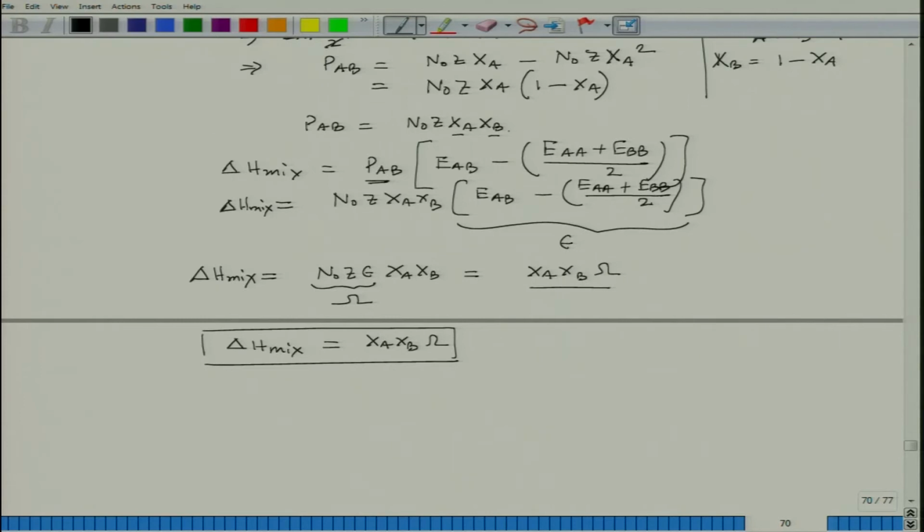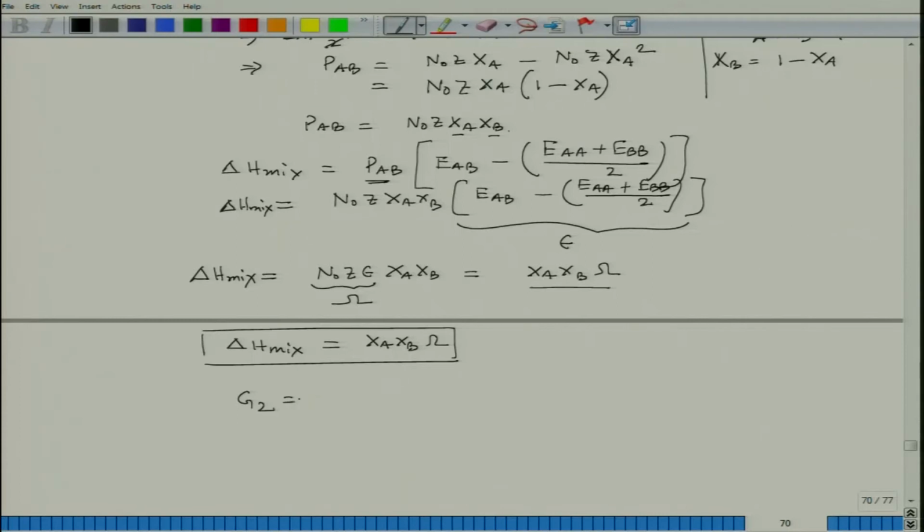Now, we started with ideal solution where del H mix was considered as 0. This was my initial expression when we tried to consider solution formation. So, this can be written as X_A G_A^0 plus X_B G_B^0 plus del H mix minus T del S mix.